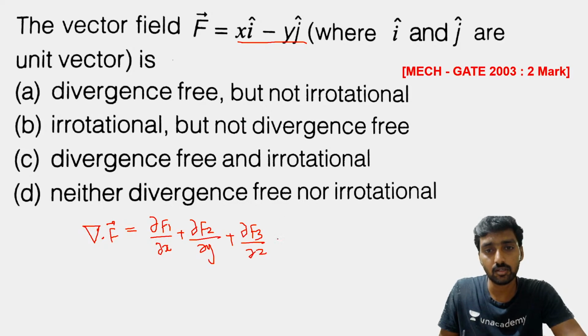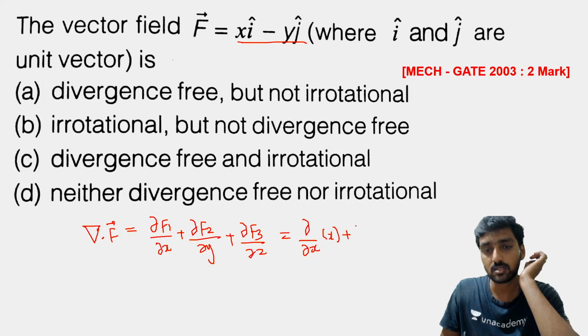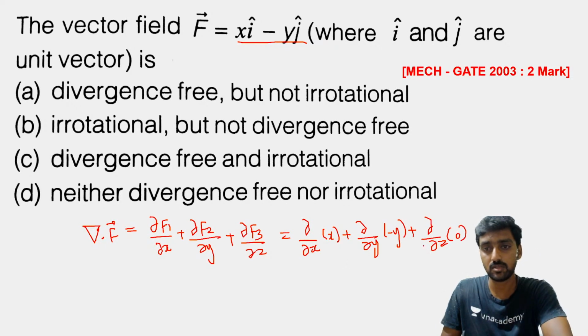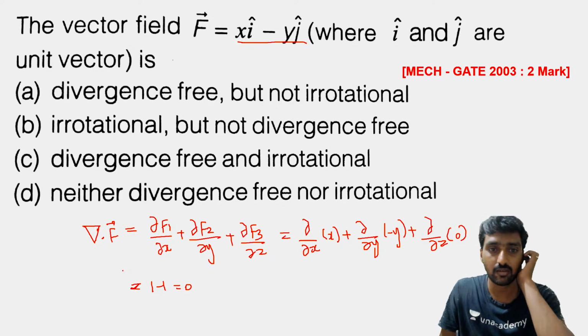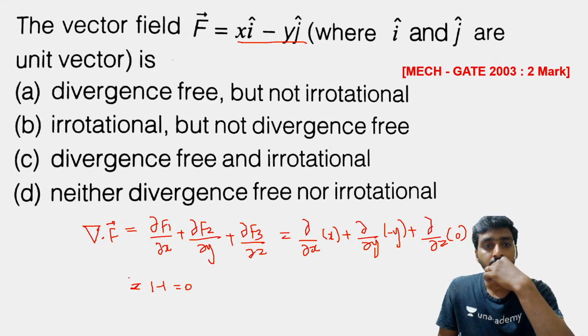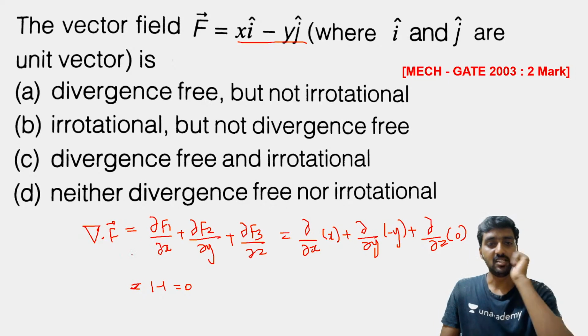Here f1 is x, therefore dou divided by dou x of x plus dou divided by dou y of minus y plus dou divided by dou z of 0. We are getting the value 1 minus 1, which is 0. Whenever it is 0, it's divergence free. We are considering it as divergence free.